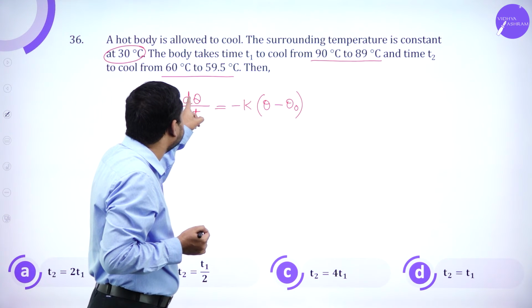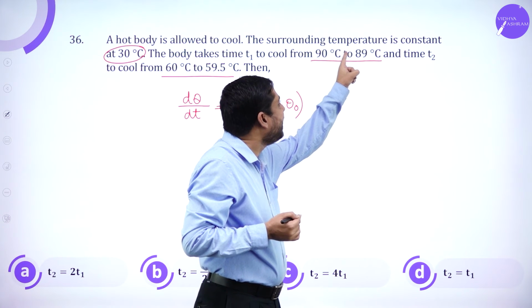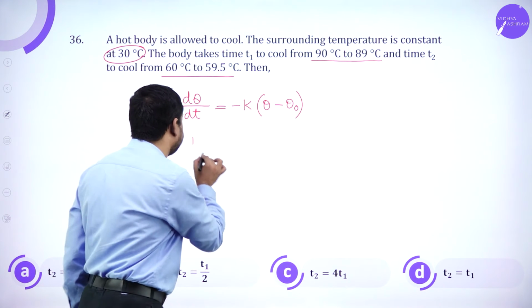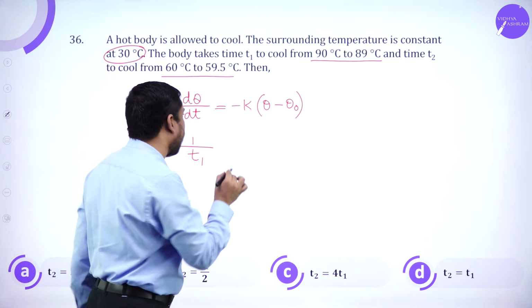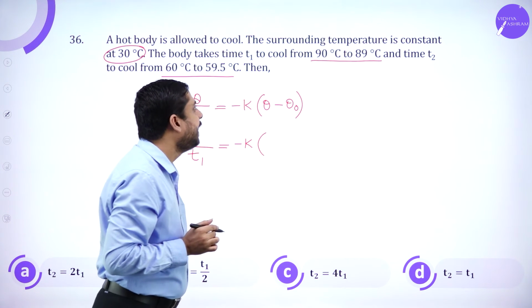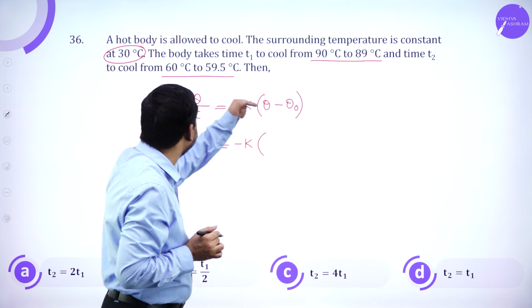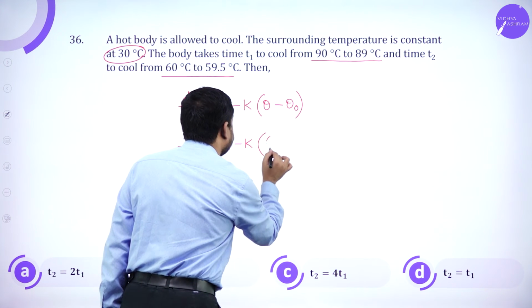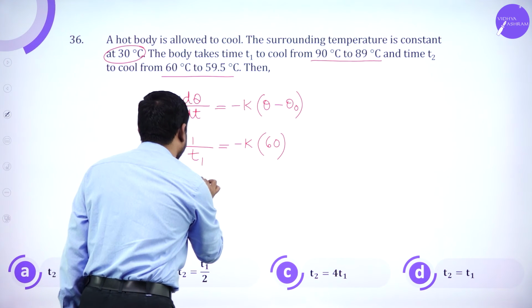In the first case, the temperature is reduced from 90 to 89 degrees Celsius, 1 degree change. I say 1 by T1 equals minus k theta minus theta naught. So it is 90 minus 30.